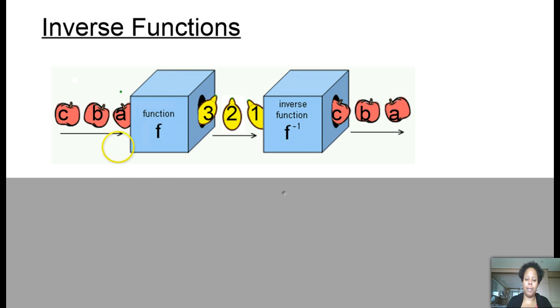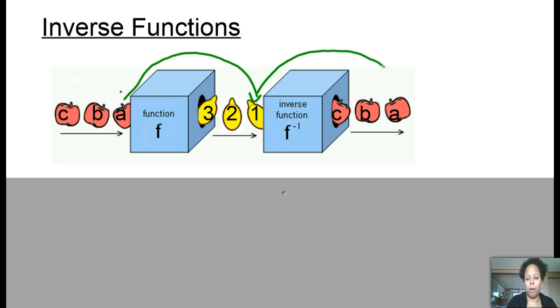Even more specifically, if we take a look at this particular function, the first apple that went in was apple A, and it outputted the first lemon, which is lemon 1. The first lemon into the inverse function was lemon 1, and it outputted the first apple out, which is apple A. Let's see if that pattern continues.